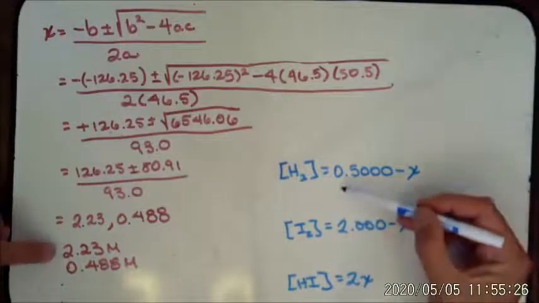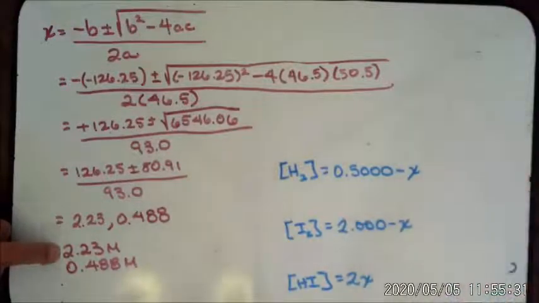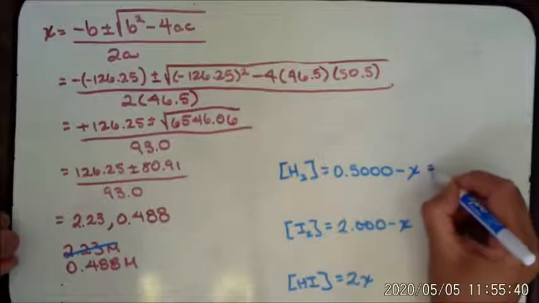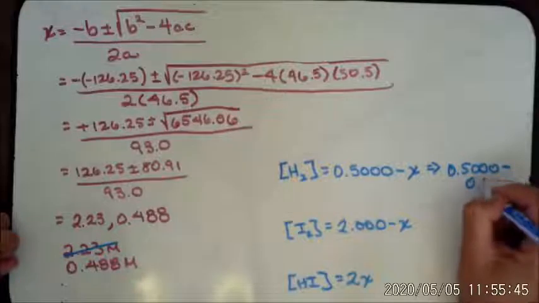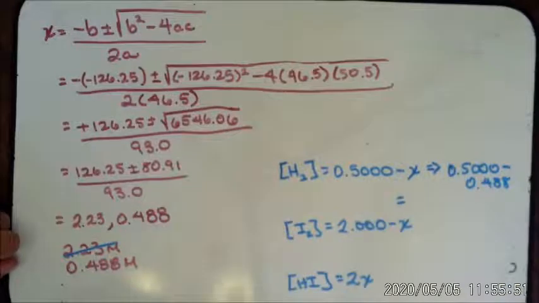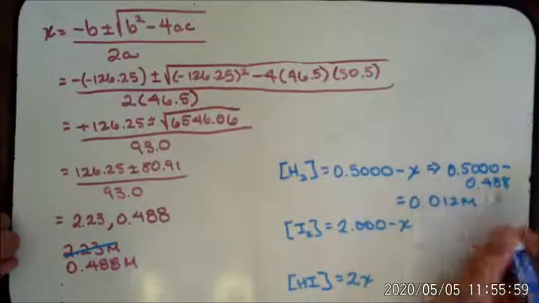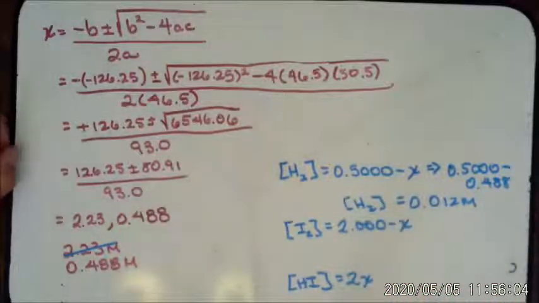So 0.5 minus 2.23 is a negative number, and you may not have a negative concentration. So it must be 0.488. 0.5 minus 0.488, and that's going to give me 0.012 molar. That's how much my hydrogen gas concentration will be.